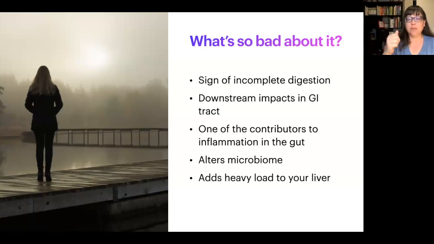So in the scenario of somebody who's doing well and the digestion is complete and you have enough hydrochloric acid, that low pH, as it comes out of the stomach, triggers the pancreas to release bicarbonate. What does bicarbonate do? It raises the pH of the food coming out of the stomach. And now that stuff coming out of your stomach is no longer acidic.